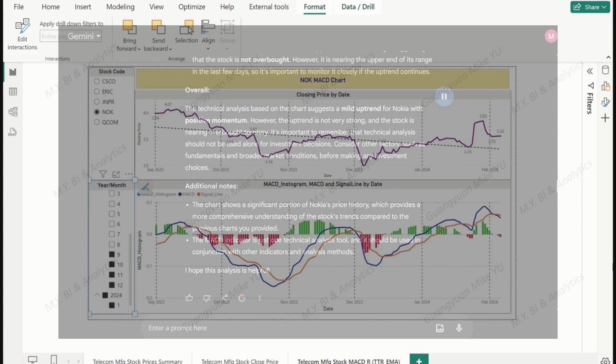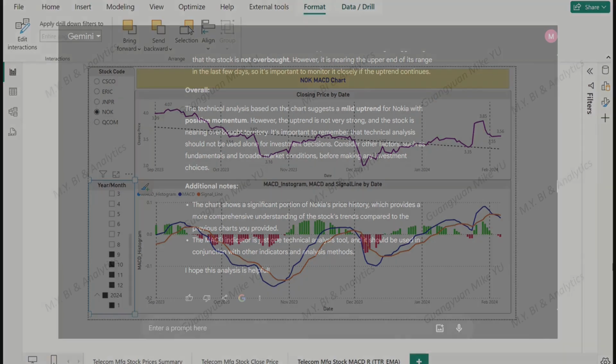Additional notes. The chart shows a significant portion of Nokia's price history, which provides a more comprehensive understanding of the stock's trends compared to the previous charts you provided. The MACD indicator is just one technical analysis tool, and it should be used in conjunction with other indicators and analysis methods. I hope this analysis is helpful.